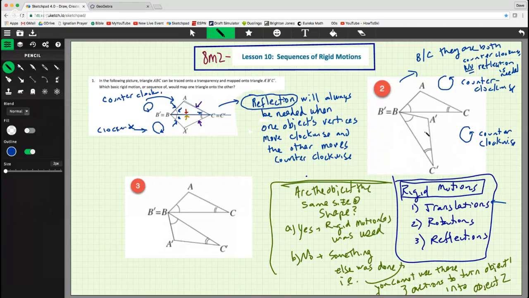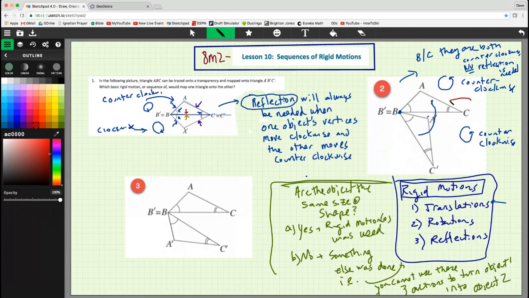So what we can do is just rotate this object up. You make this point your rotation point, and on your transparency, this triangle is on the bottom, and this triangle is on the transparency.